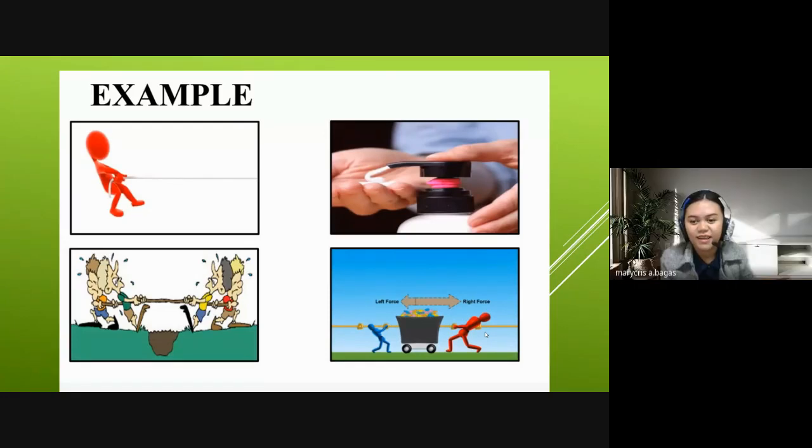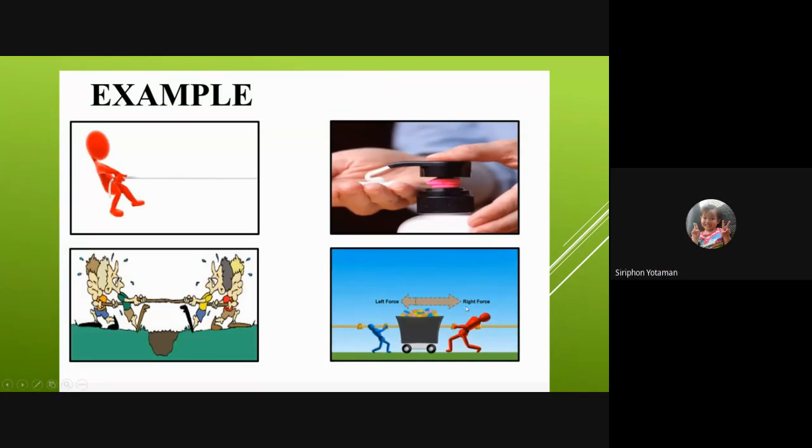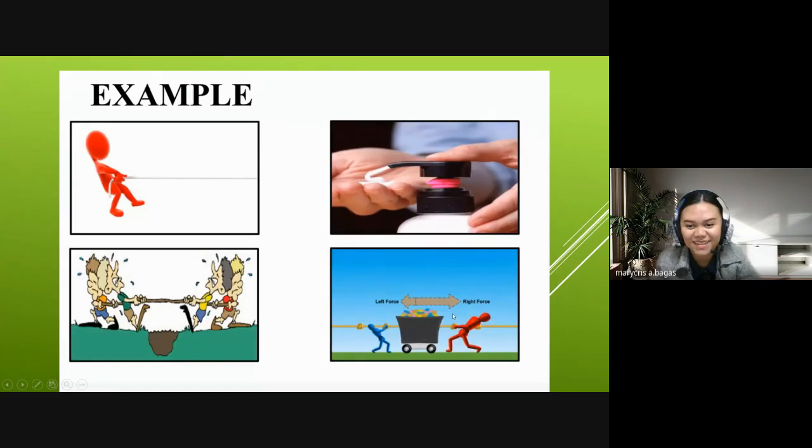Why? He's obviously bigger than the blue person, meaning he exerts more force. As you can see, the direction of the arrow, the magnitude of the arrow is longer, meaning it exerts more force.